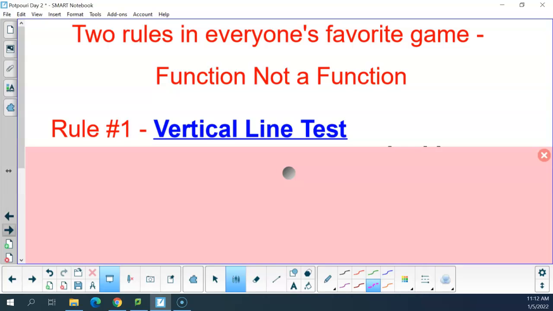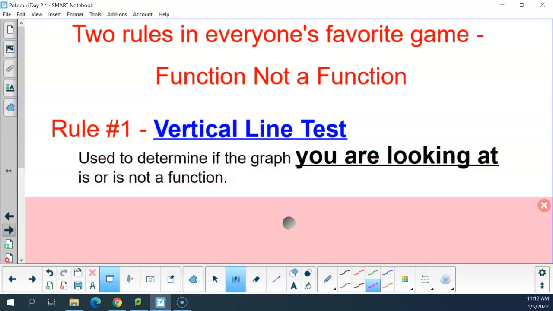Now, the vertical line test tells me if what I'm looking at is or isn't a function, and only what I'm looking at. You've taken a vertical line, remember vertical, up and down, and you slide it left and right across your graph.